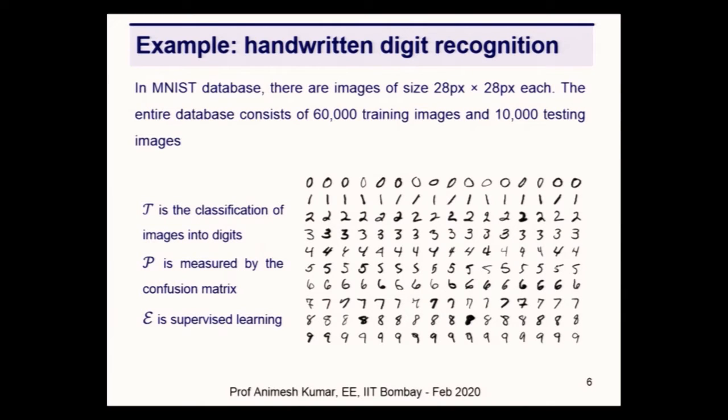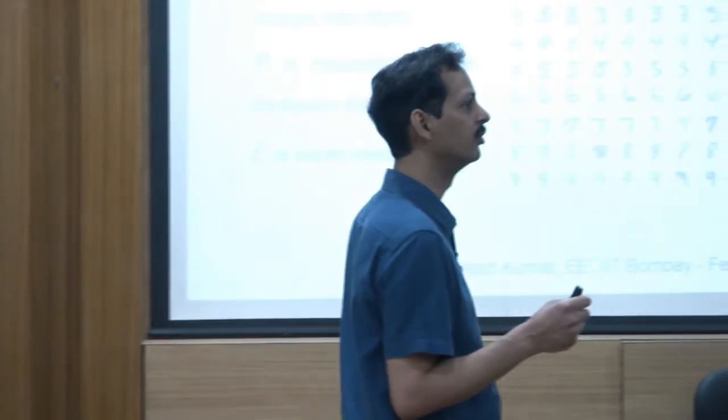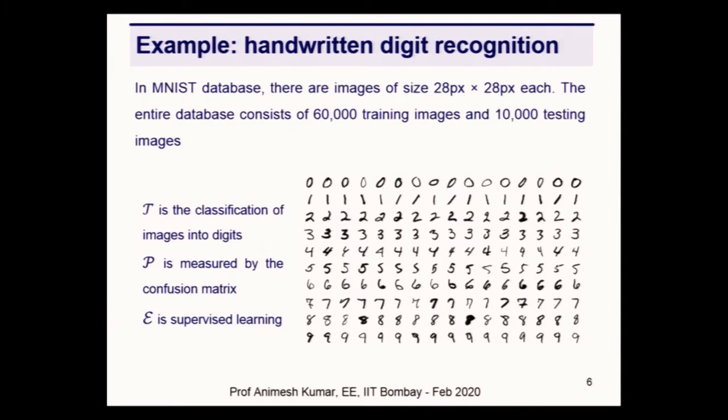And here E is called supervised learning, and the reason for that is there's this notion of a training image and a test image. The way training images work is that each of these images corresponding to 0 comes along with a label which says that this particular image is a 0. So while the machine learning program is training on these images, it knows which images correspond to 0, which images correspond to 1.